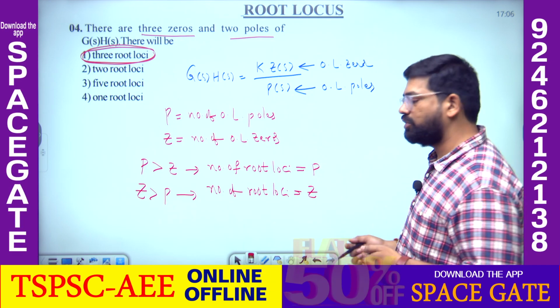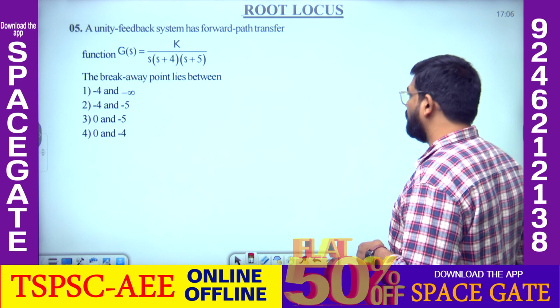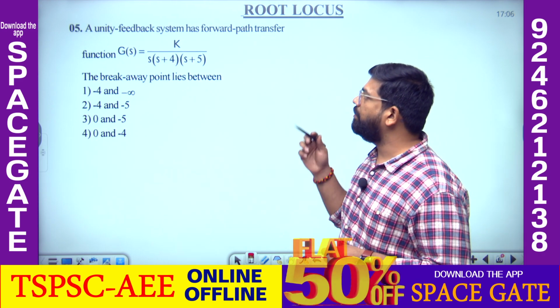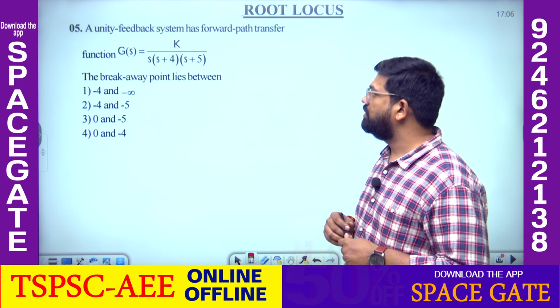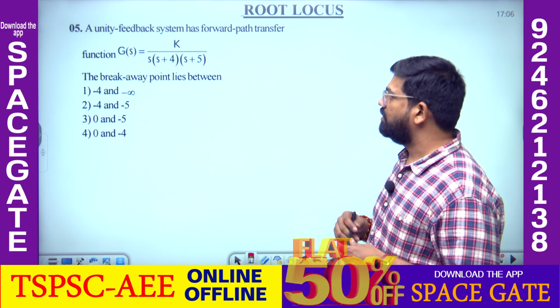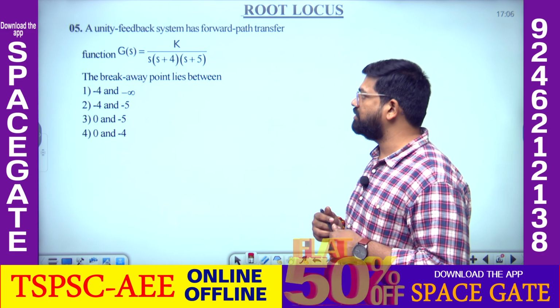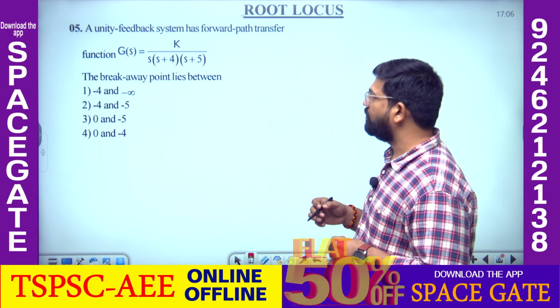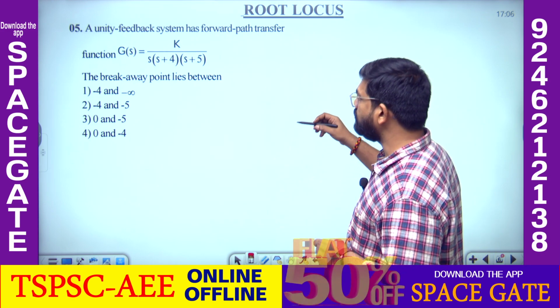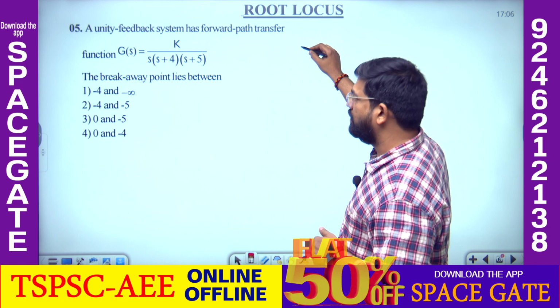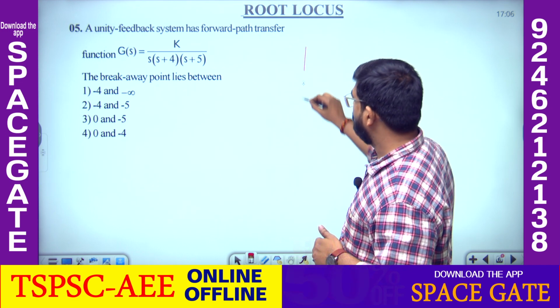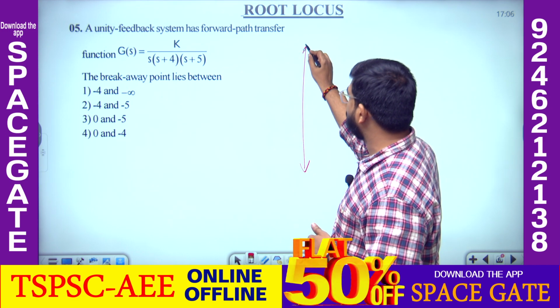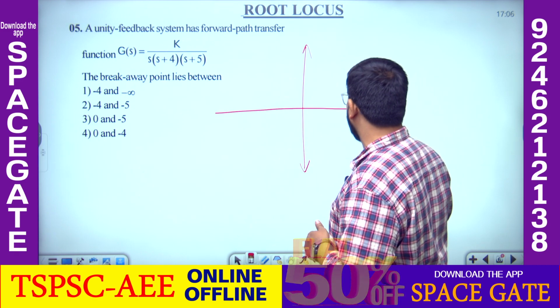Now, move on to the next question here. Okay. So, a unity feedback system has a forward path function like this, and it asks where the breakaway point exists. Now, the question is only asking where the breakaway point exists.